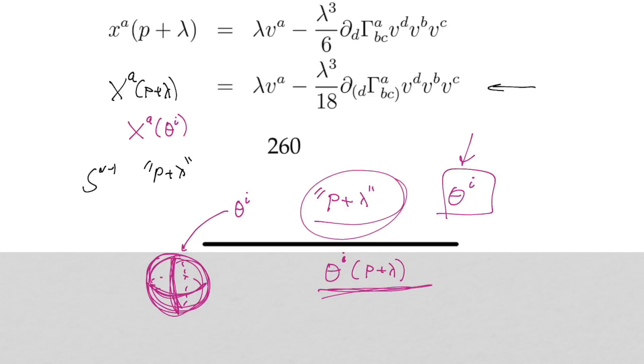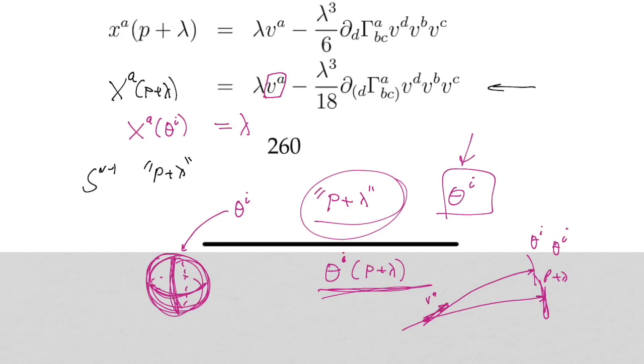Now, what about the right-hand side? On the right-hand side, λ is just a number. And remember, V^A is the vector at the point P such that that vector launches a geodesic that hits some point P + λ that is on the sphere, which has coordinates θ^i. So clearly, as you change this vector V^A, you land at a different point on the sphere and you get a different point θ^i.